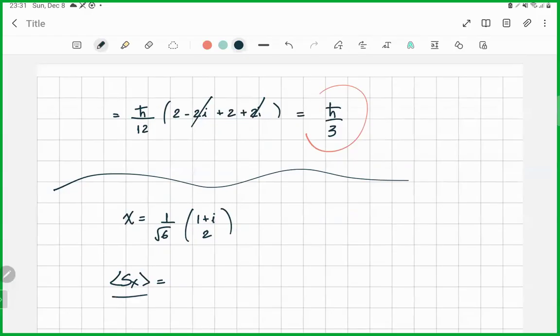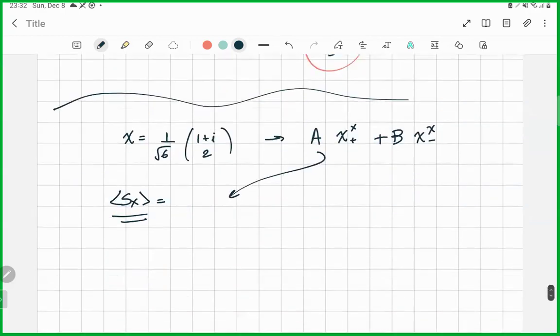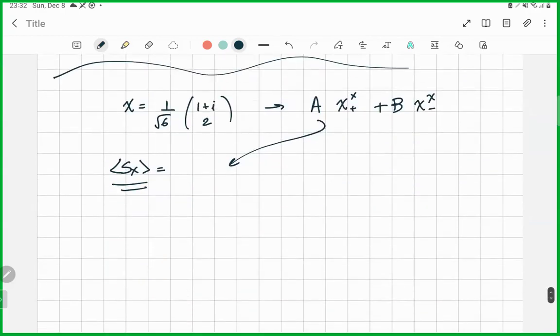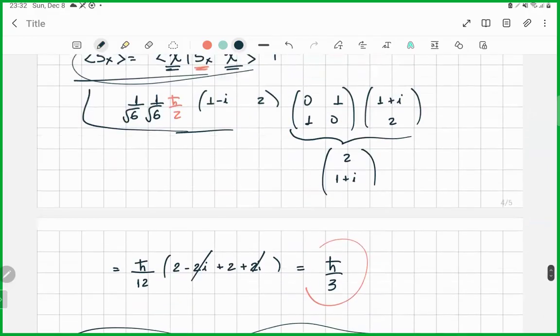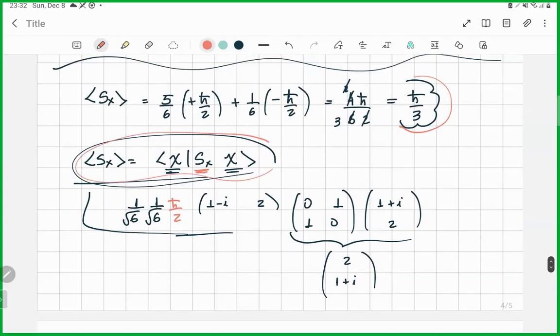If the question is just this, just go for the product between matrices, because it would be wasting your time trying to write first this vector in terms of the chi plus and the chi minus, and then finding this A and this B, and then using them to compute this expectation value. There are too many steps, but it's your preference, right? Much faster, if this is the only question, go straight to this equation that we wrote here.